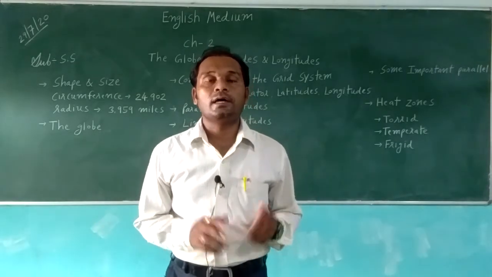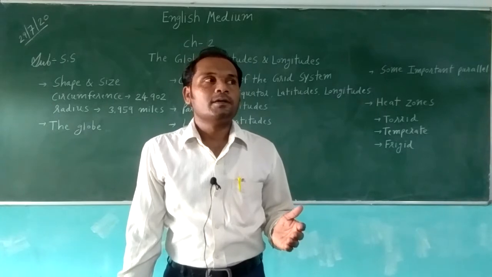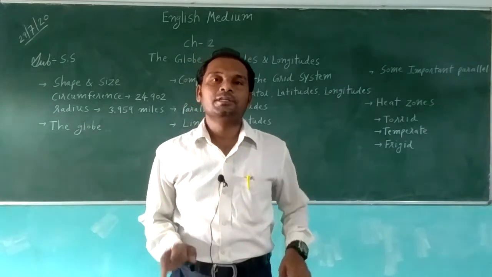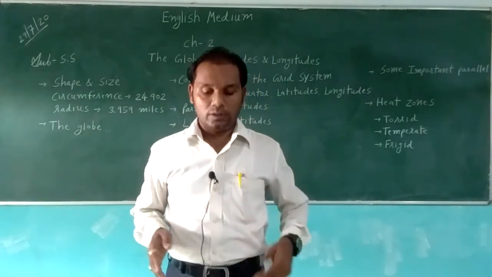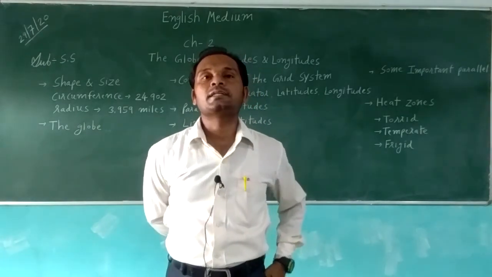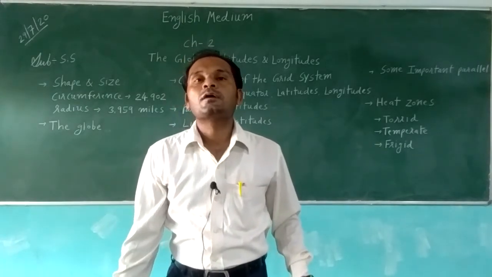They have less amount of sun rays, and that's why we can see here that sun rays are falling very slanting on this. So temperate zones are not very hot and not very cold.